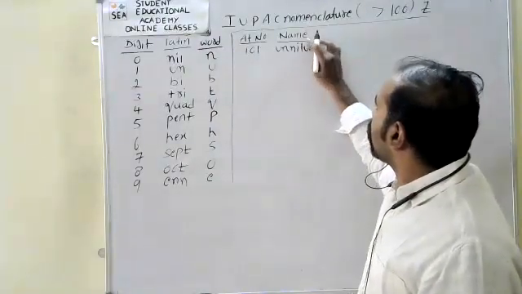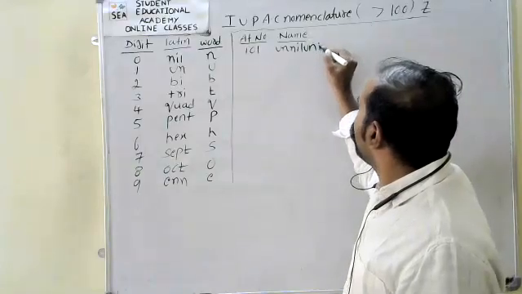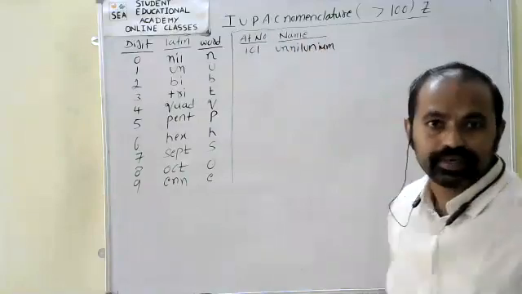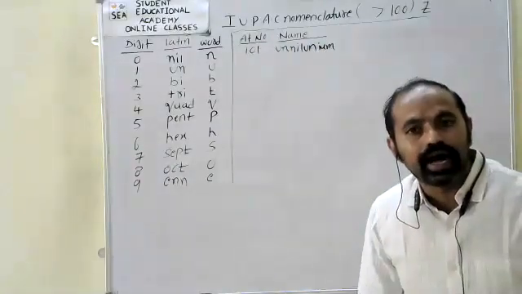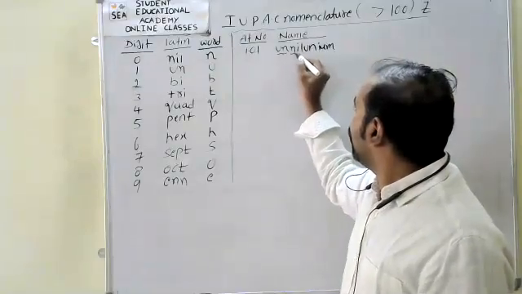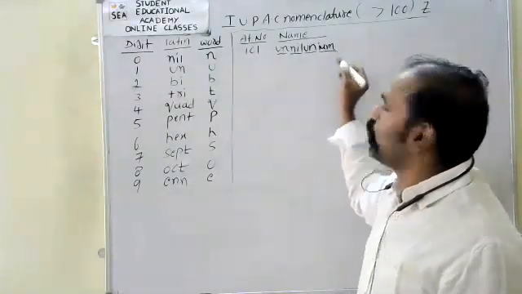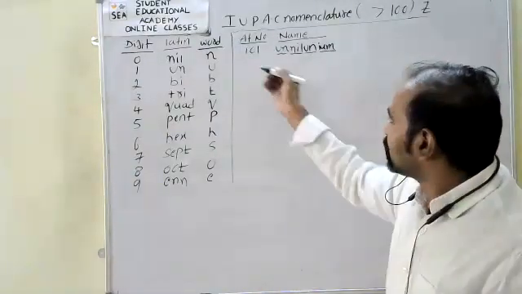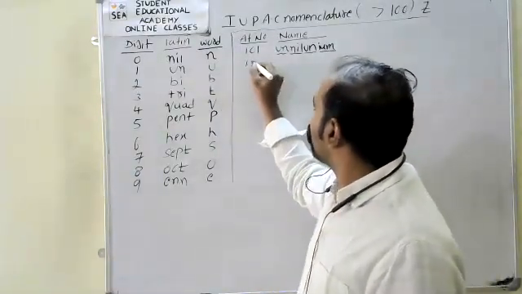Commonly, for all we add ium. So it is un-nil-un-ium. That is the IUPAC nomenclature. Now, say atomic number 102.